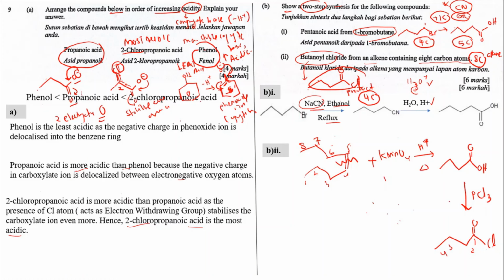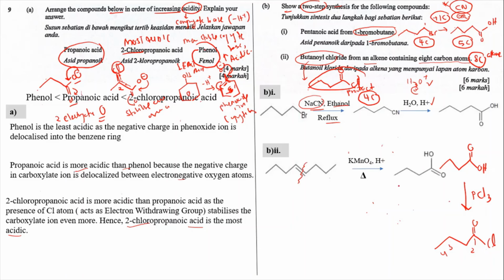So the idea here is that we need to have 8 carbons at first. We can draw it like this as a straight chain alkene, and then we're going to undergo oxidation using KMnO4 at high temperature in acidic conditions. What this does is cleave the bond here, and this is going to produce a carboxylic acid.